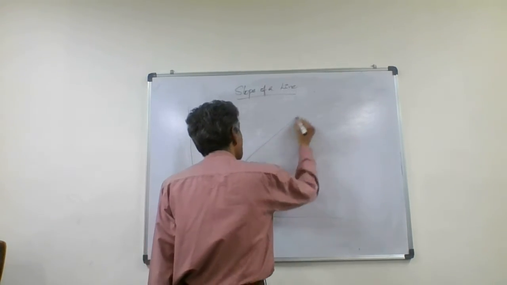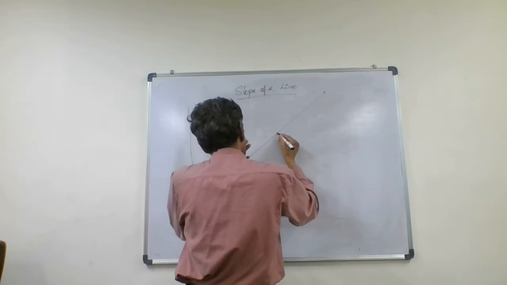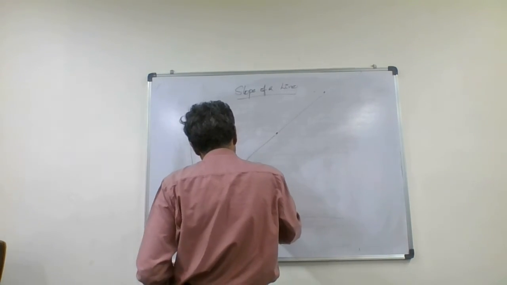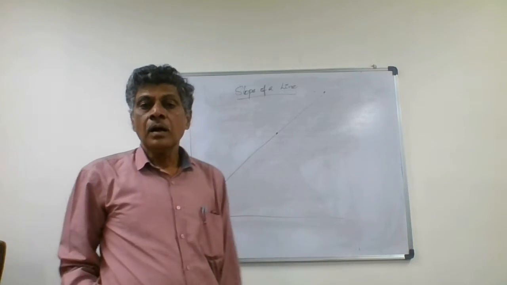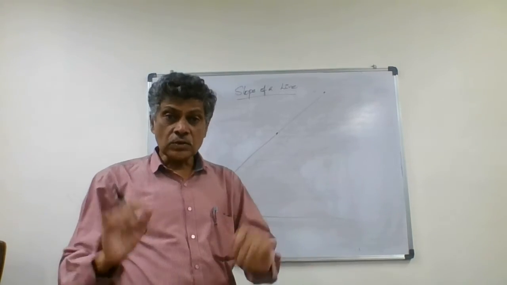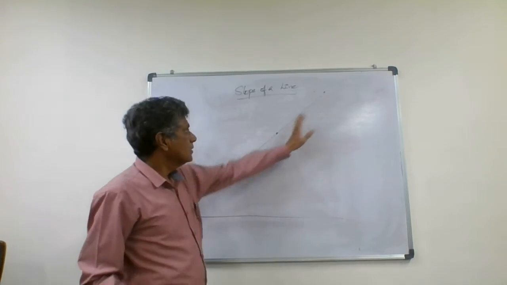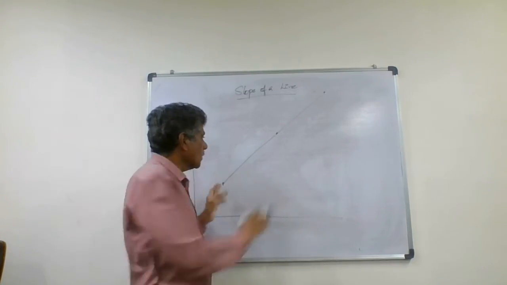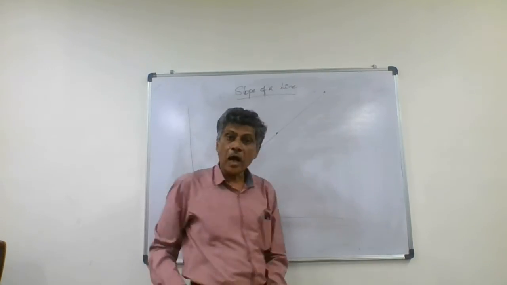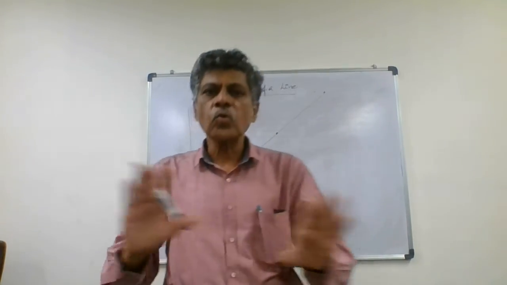Then, suppose we had two lines, or 3 points. And we are asked to find out whether these two lines, this line and this line, are collinear, or 3 points are collinear or not.